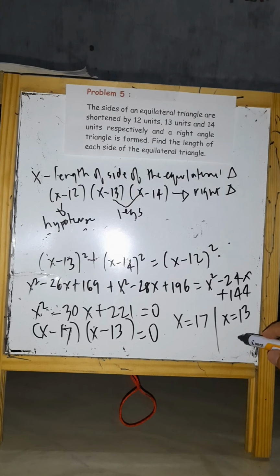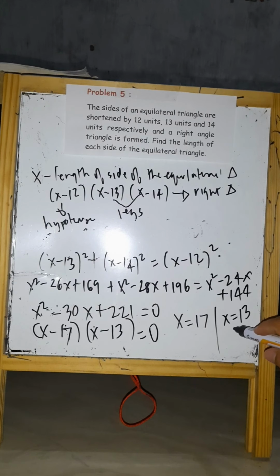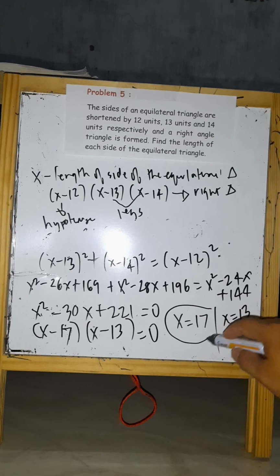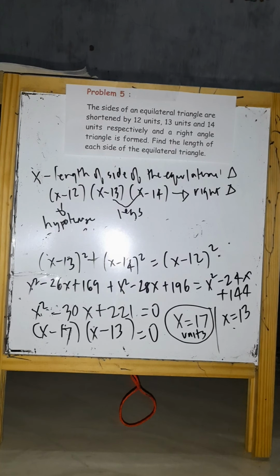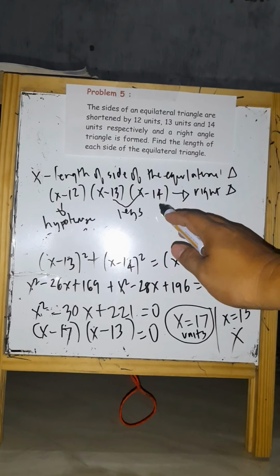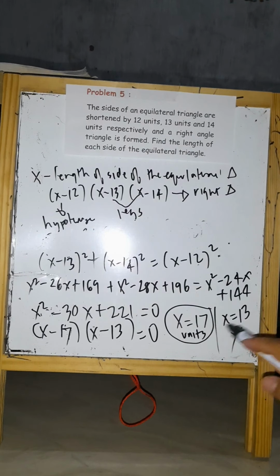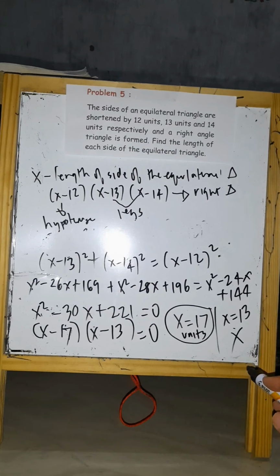So this is ignored as the answer. The correct answer should be 17 units, and we ignore 13 because 13 minus 14 will be negative and 13 minus 13 will become 0. So there will be no more right triangle if 13 is accepted.